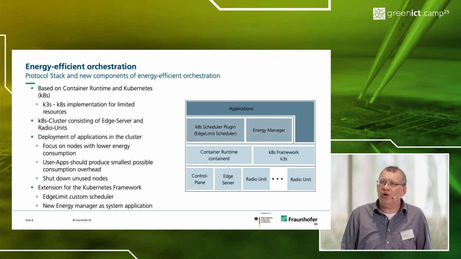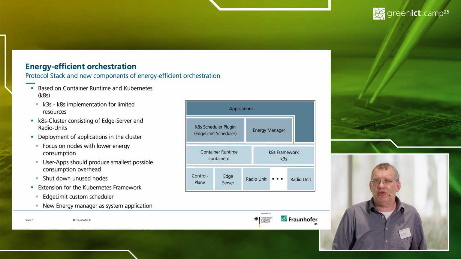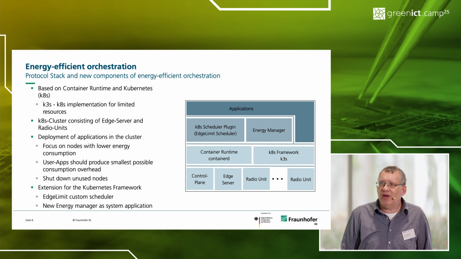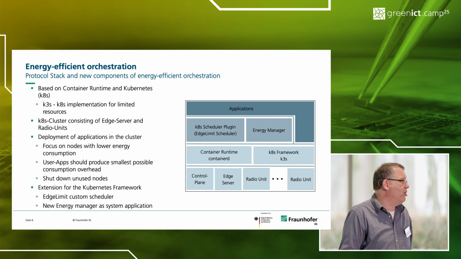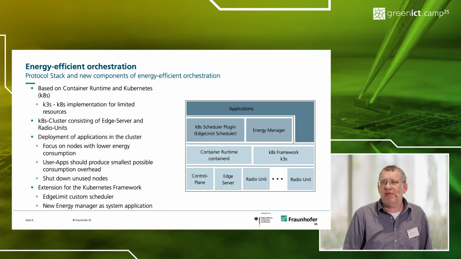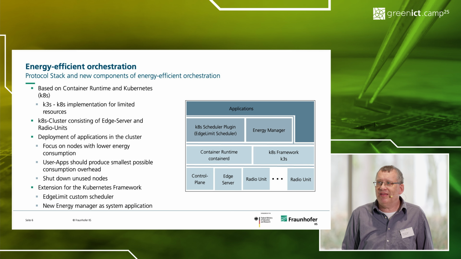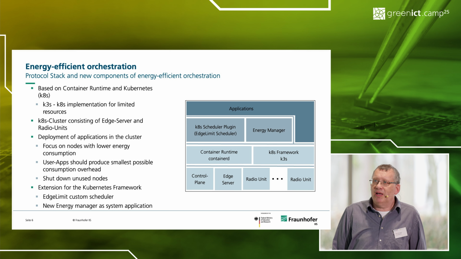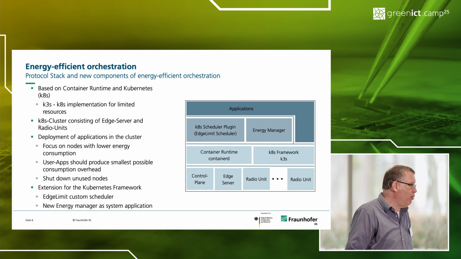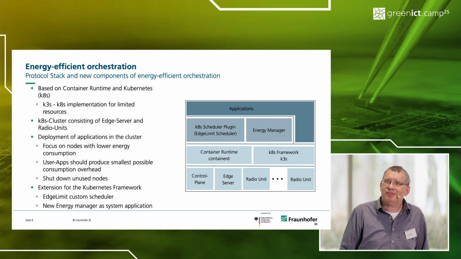One of these worker nodes can be, as an example, an edge server. This is for the 5G radio access network. The edge server is a typical Intel server, a typical i7 Intel processor, and the radio units in our configuration are typically the Xilinx FPGA boards I have shown before.